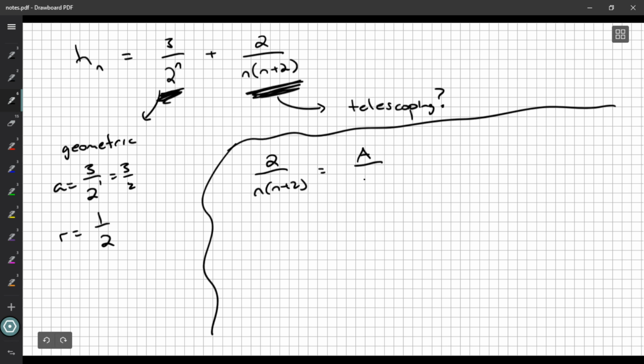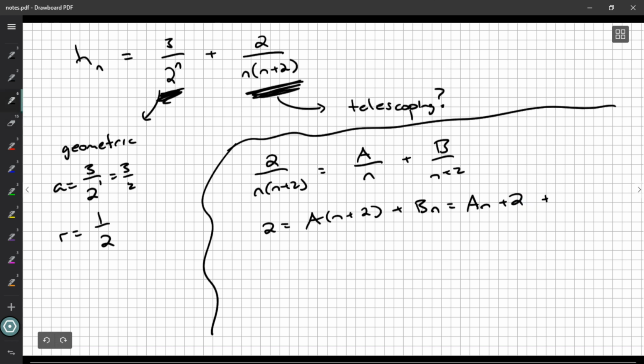Now somebody was nice, they already factored the denominator here. And there's lots of ways we could do this. We could plug in specific values of n or something like that. I'm just going to, on this side, combine everything. So I'll expand out, 2 is equal to 2a plus a plus b n.